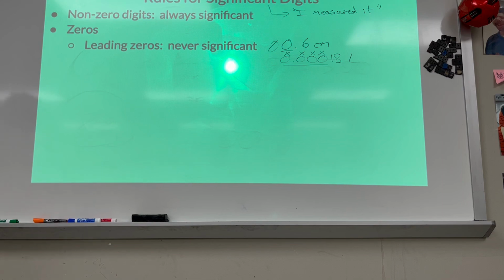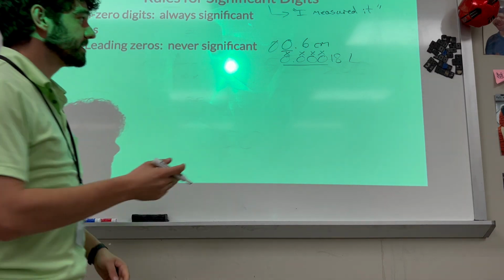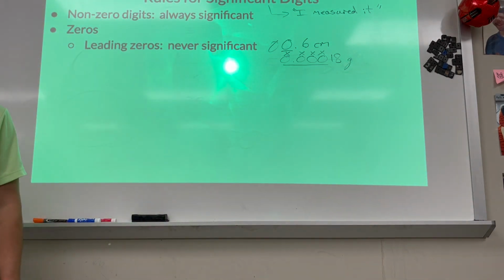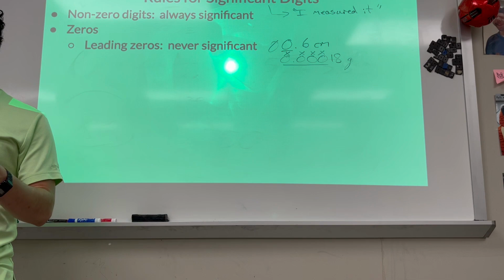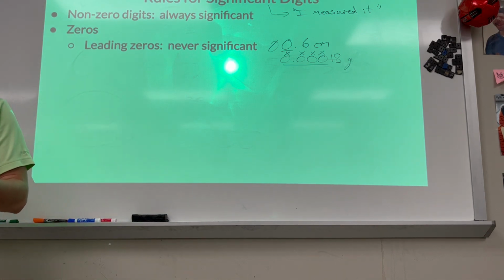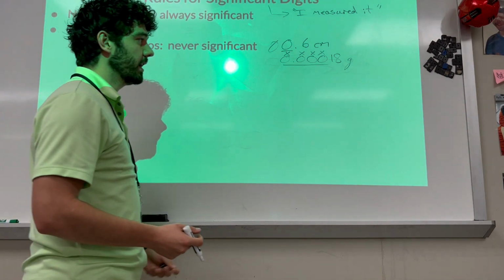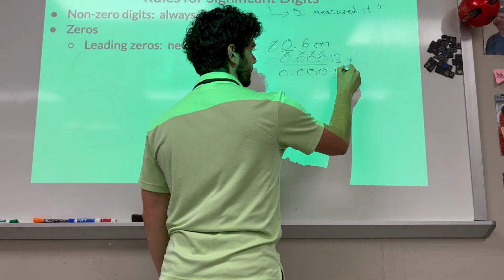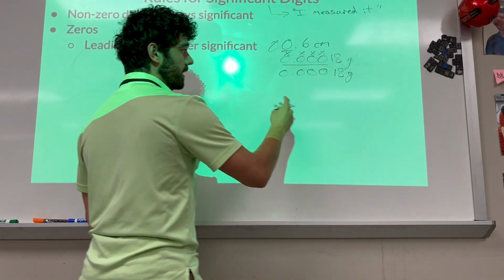Let's say I had a cheap scale and I weighed something, so let me change this to grams. Here's my $10 scale, I weigh something, it's 0.00018 grams, which is actually really precise. But let's say I get a really expensive fancy scale, a $1,000 scale, and I weigh the same object and it comes out the same. It would still do that.